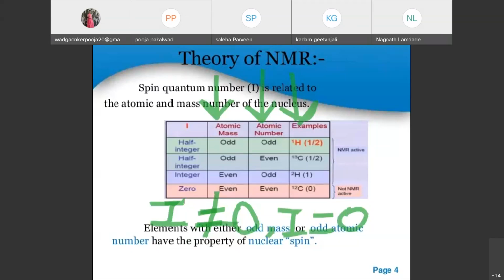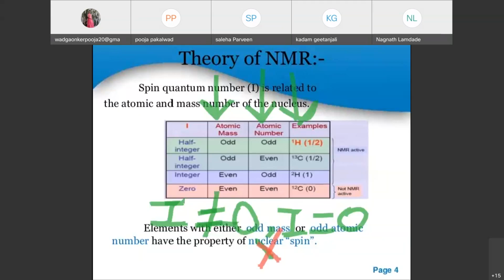Now which type of nuclei is NMR active and which is NMR inactive? It is easy, you do not need to mug up. So listen carefully. Those nuclei which have I value equal to 0 will be NMR inactive.